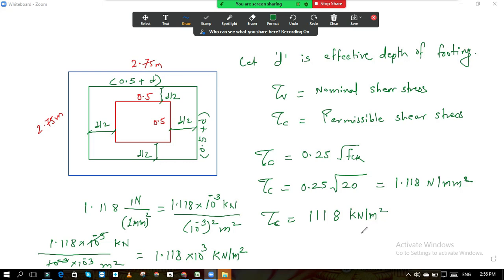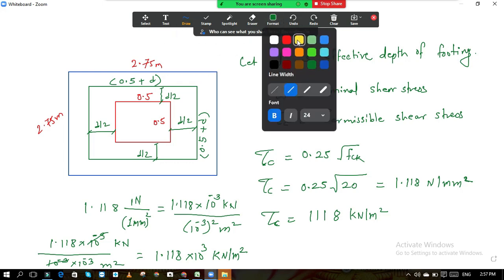So now we want to calculate the shear force. Suppose now this punching action takes place. Suppose if this whole area which is shown in green is punched through the footing, then what will remain?